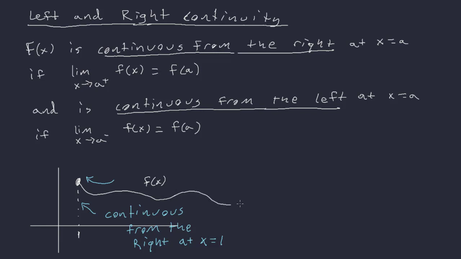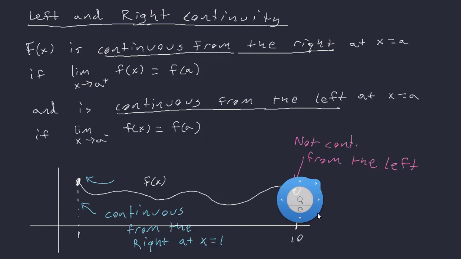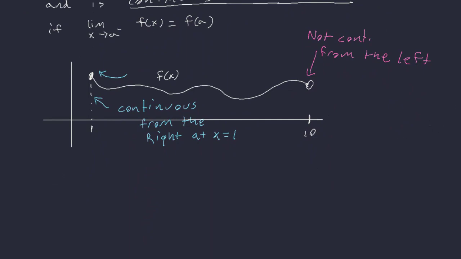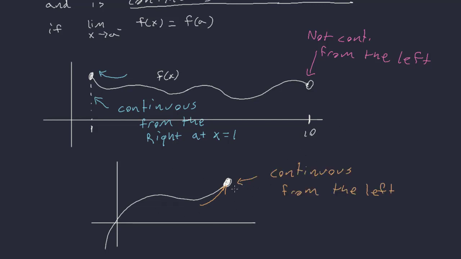However, if this function continued on over here and stopped at, say, 10 with an open dot, well, then this function is not continuous from the left at 10. Okay? To give an example of one that is continuous from the left, of course, you would just do this. So this function I just drew would be continuous from the left here.